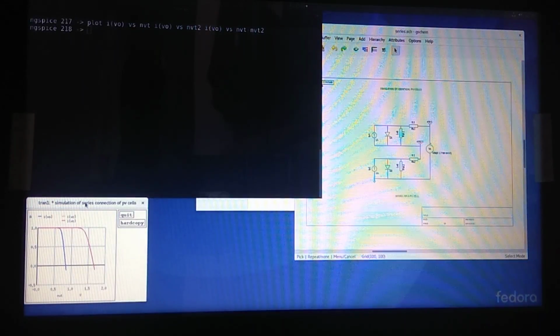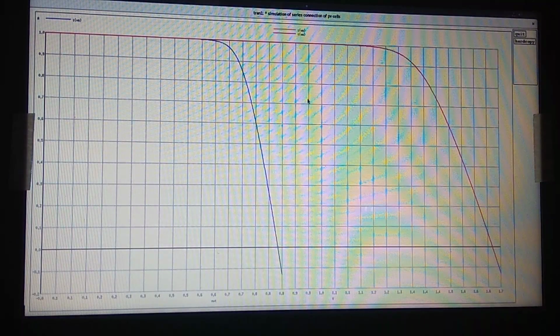And then IV0 versus NVT2 would give you the IV characteristic of the PV cell 2, and IV0 versus NVT minus NVT2 would give you the IV characteristic of PV cell 1. Now plot that, you will get this. Maximize that, and you will see that you have this characteristic.